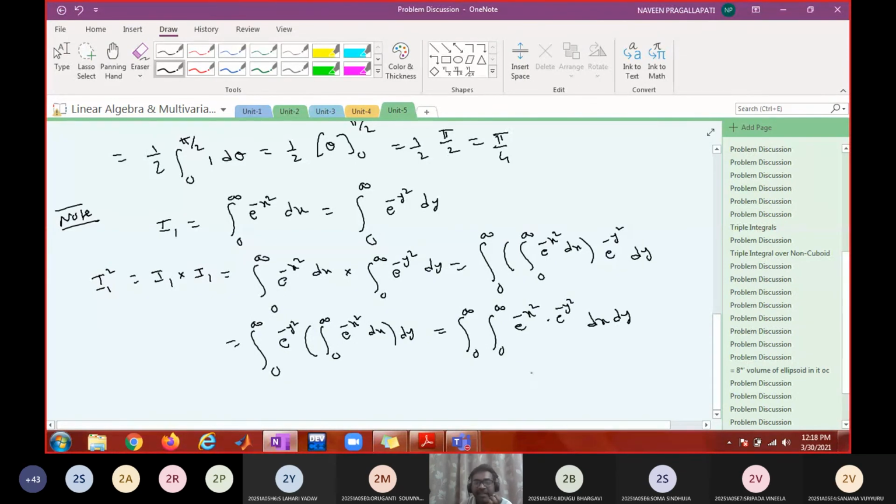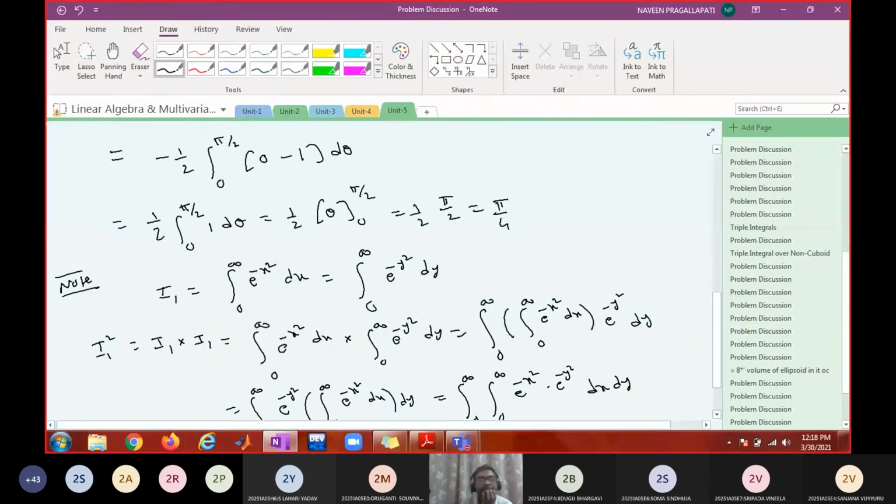And what is e power minus x square into e power minus y square? E power minus of x square plus y square. The double integral of e power minus of x square plus y square dx dy. What is that value we got? Pi by 4.